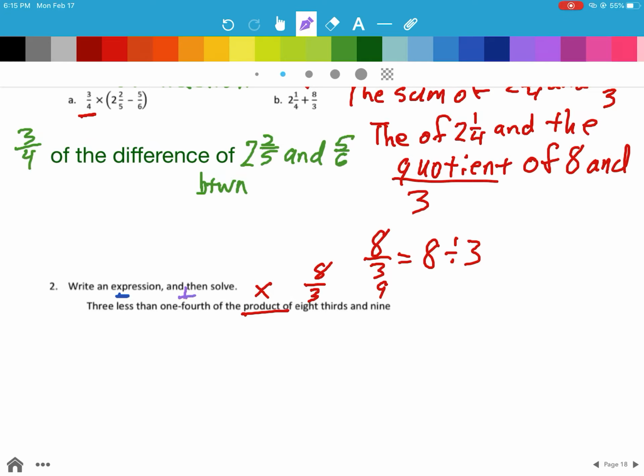And then this is saying 1/4 of the product. All right, so it looks like we're going to do 1/4 of the product.